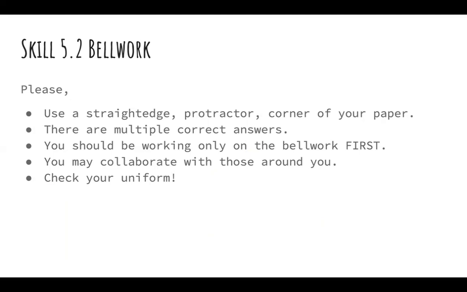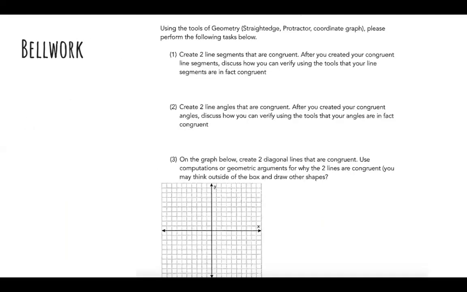You can also use protractors to copy congruent angles. So there are multiple correct answers to these. But what we want you to do is a little bit of experimentation before you go to the key.